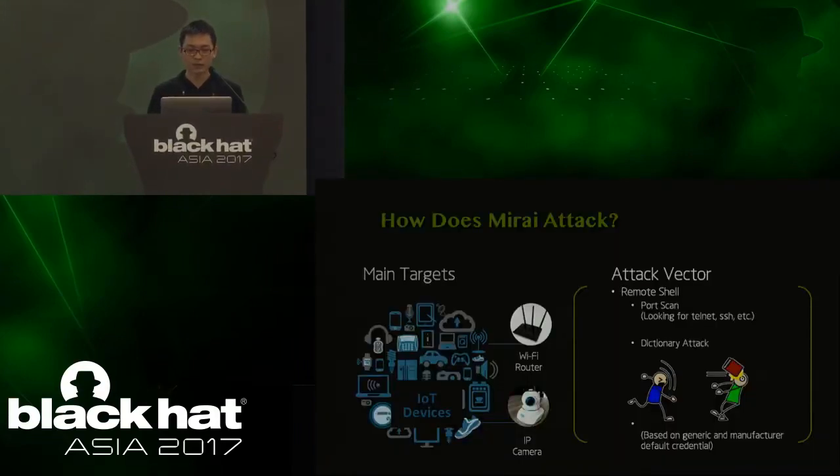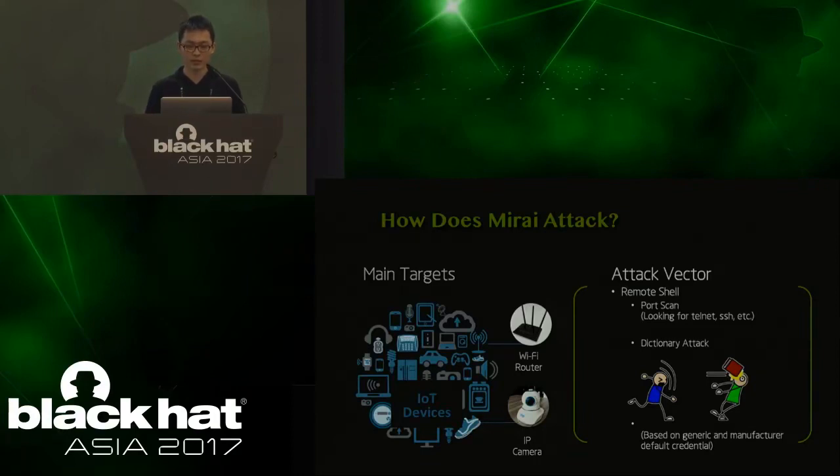How does Mirai attack? Its targets are IoT devices, mostly Wi-Fi routers and IP cameras. Although Mirai compromised a huge number of devices and made great damage to the global internet, the attack vector it employs is very simple.